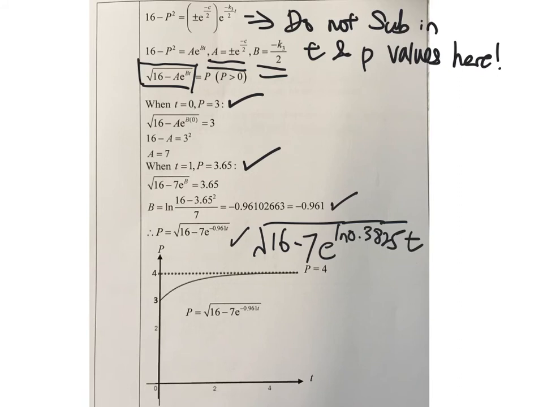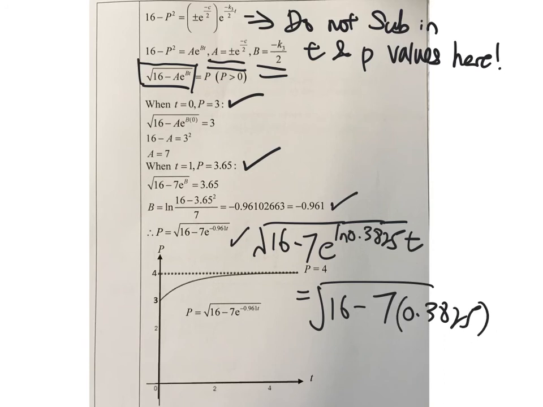Clearly you can see that e power ln 0.3825 is not the simplest form. Please simplify it to 16 minus 7 times 0.3825 to the power t. This is the simplest form.